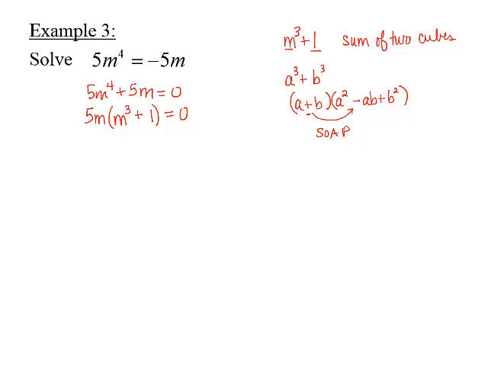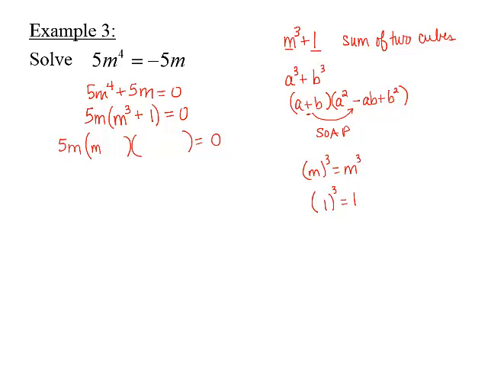So applying this to m cubed plus 1, back in our equation we have this common factor of 5m to come down. To factor m cubed plus 1, we think, what do we cube to get m cubed? And that is m. What do we cube to get 1?